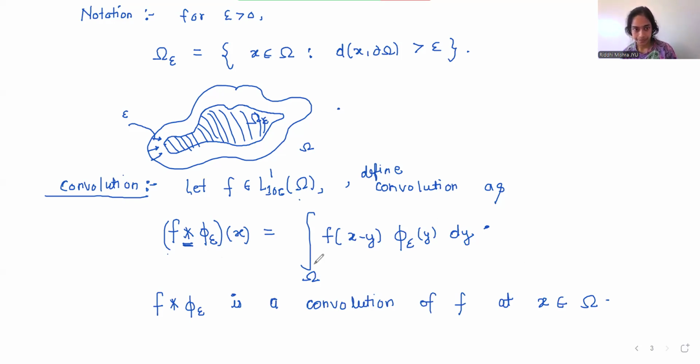Here we will see by change of variable that the function should be defined only in omega epsilon. Why am I saying this?